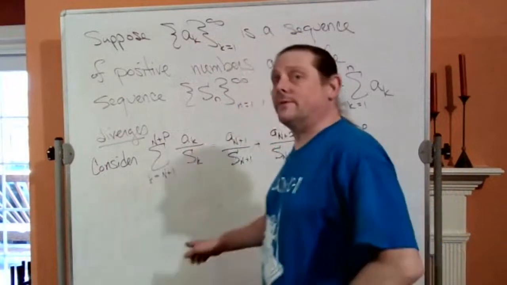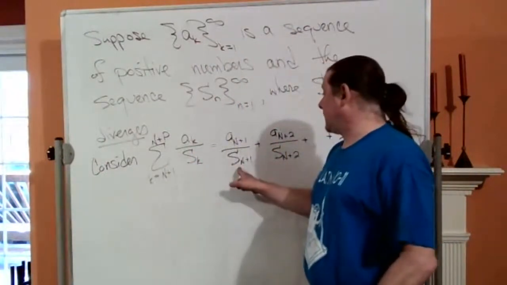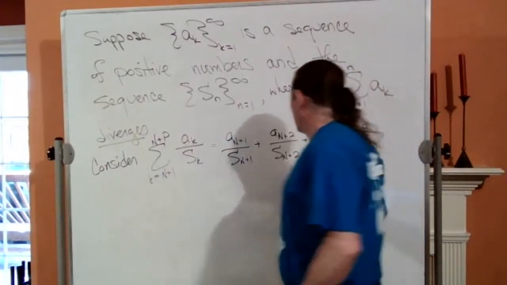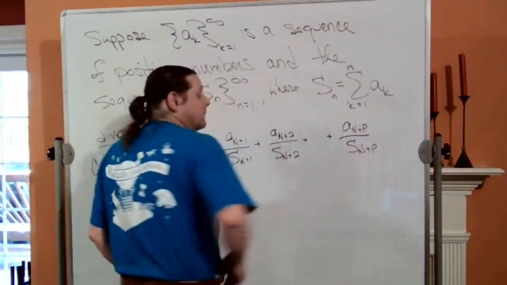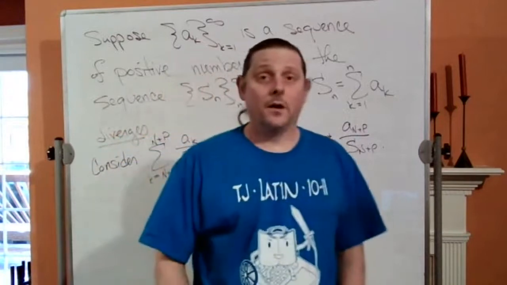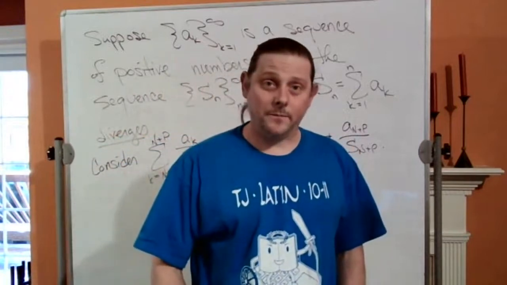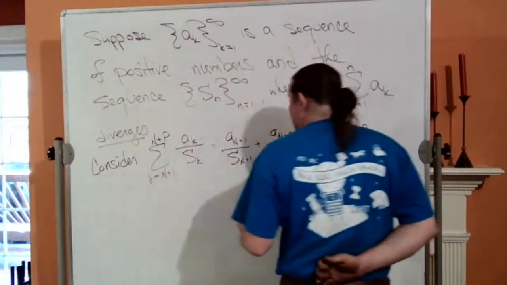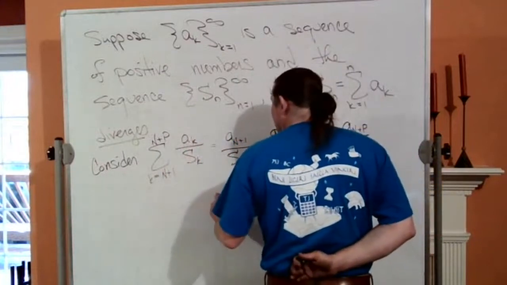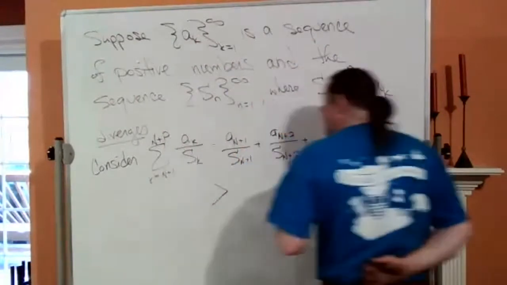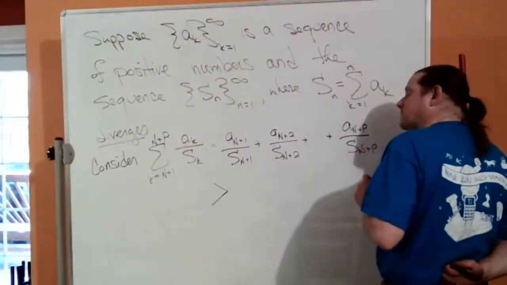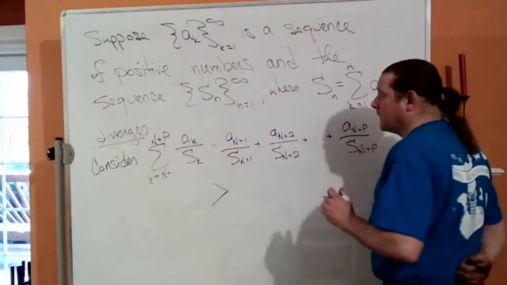All right, so here I'm dividing by Sn plus 1. Here I'm dividing by Sn plus 2. And here at the end, I'm dividing by the biggest of them, Sn plus p. Now, what I'm going to do is say, well, this is clearly bigger than what it would have been had I divided by Sn plus p the whole time.